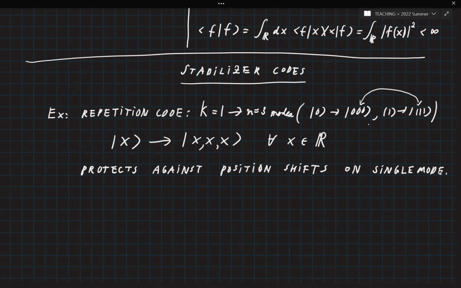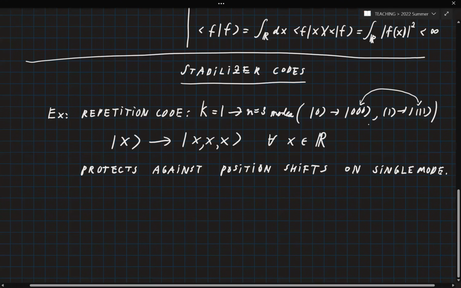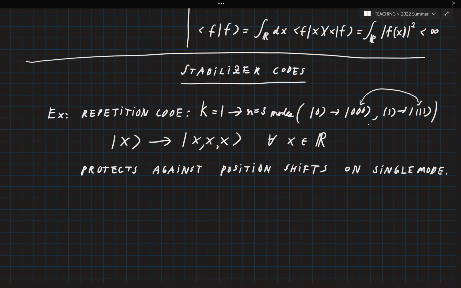And here, the role of the bit flips is played by position shifts, while the role of phase flips is played by momentum shifts. I'll define them later and describe why I call them momentum shifts, but with respect to this position basis, momentum shifts cause phase errors, or relative phases to change between these position states, just like phase flips caused relative phases to change in the qubit case.